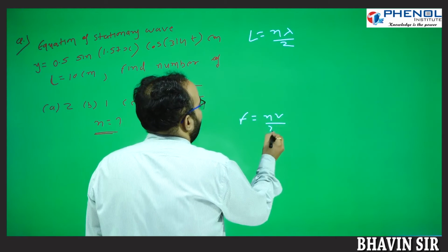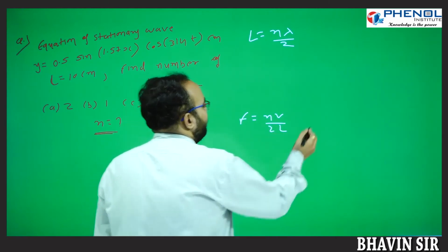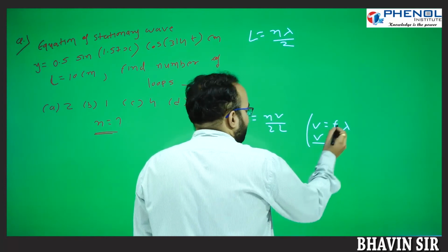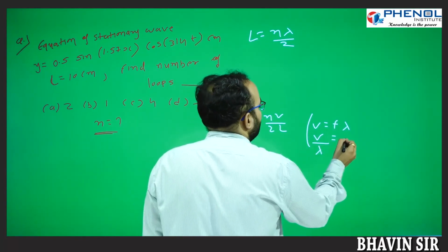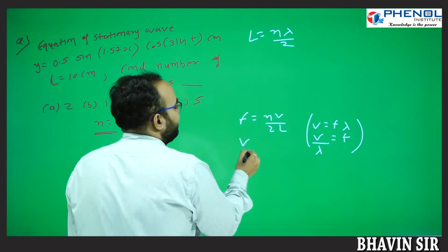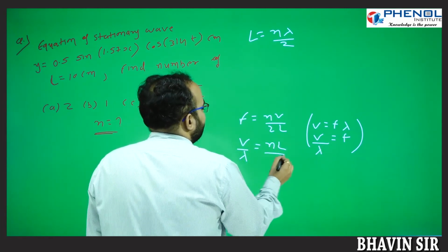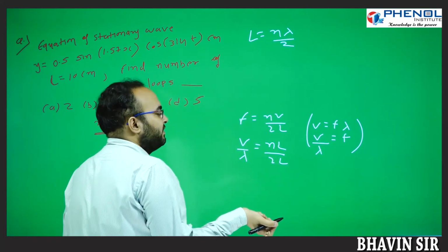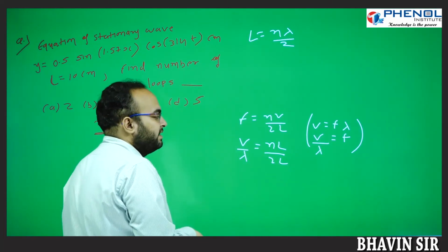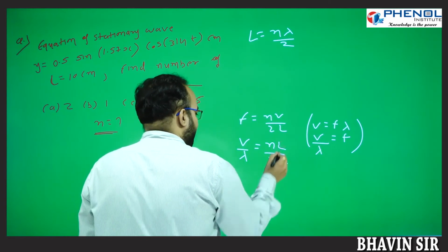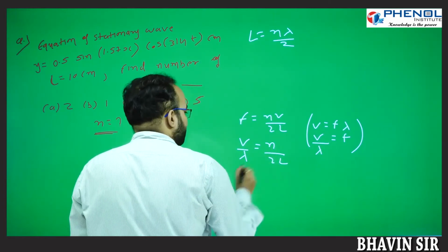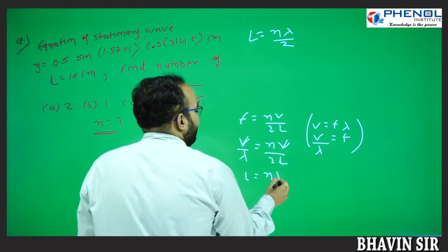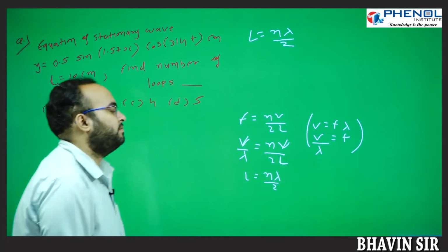Frequency is equal to nv by 2l. The speed is frequency into lambda, so frequency is v by lambda. Since frequency is not given, we place the value of frequency, so we also get the answer. We cancel. So the length is n lambda by 2.